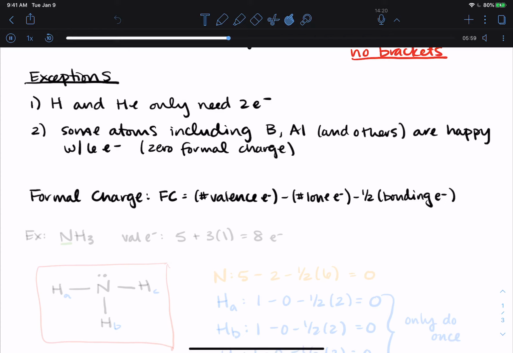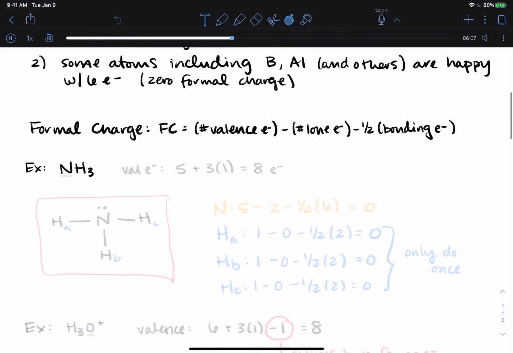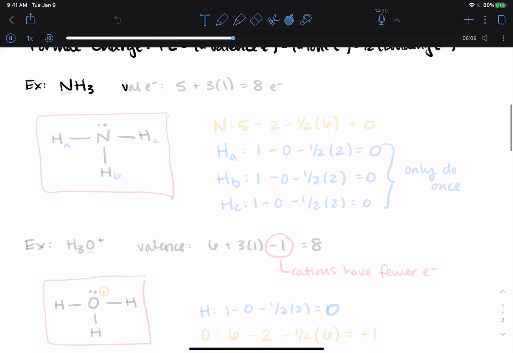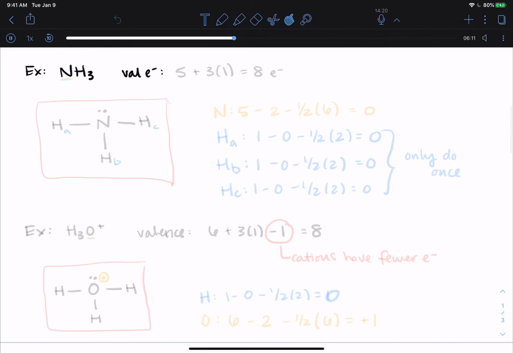Let's do an example. So a great example to look at is NH3. So if I do my steps in order, the number of valence electrons, nitrogen has 5. Then there are 3 hydrogens with each having 1. So my total valence electrons for this molecule is 8.